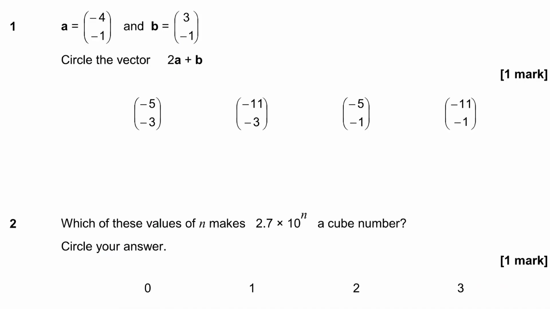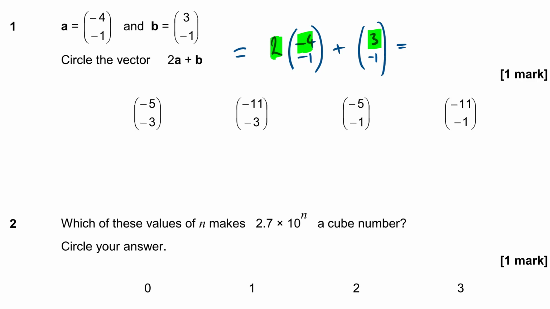Question 1. I've been given 2 column vectors and I've been asked to find the vector 2a plus b. So 2a plus b is going to be 2 lots of my vector a, which is minus 4, minus 1, plus 1 lot of my vector b, which is 3, minus 1. So I need to then look at 2 times minus 4 plus 3.